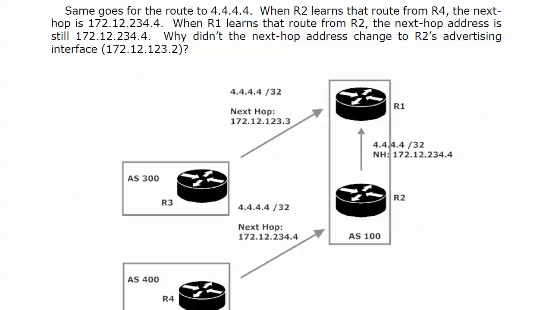But then as we see, router 2 is advertising that loopback up to router 1, but the next hop IP address remained the same at 172.12.234.4. So that's what's causing the inaccessibility that we saw with show ip bgp 3.3.3.3 and 4.4.4.4, is that for some reason the next hop IP address isn't changing to the interface that router 2 is using to advertise the routes to router 1. Pretty odd. It's a mystery, but it's a mystery we're going to solve on the very next video. See you there.